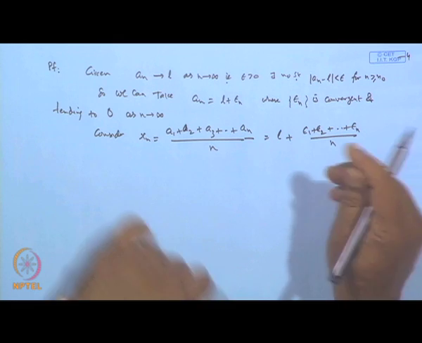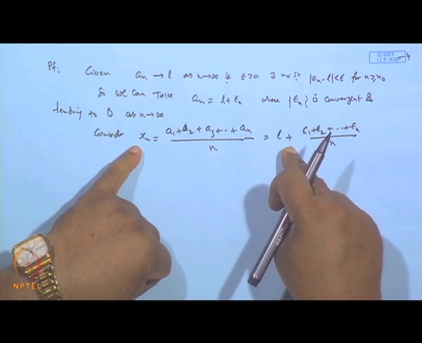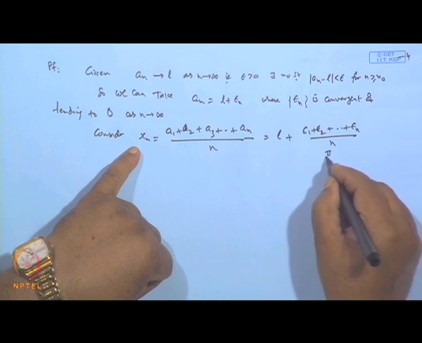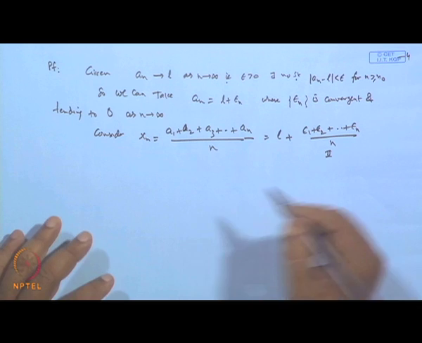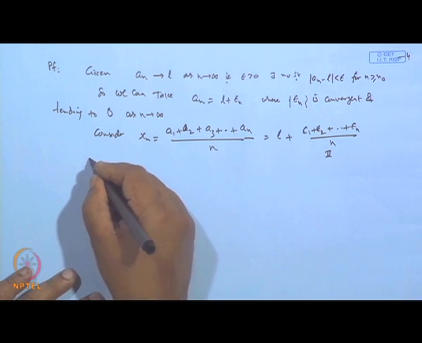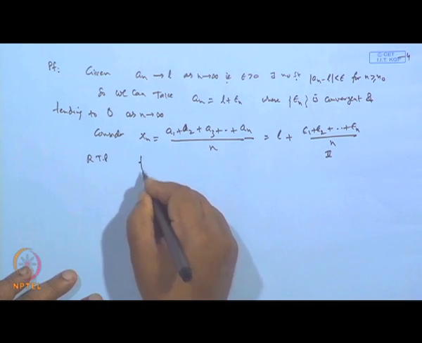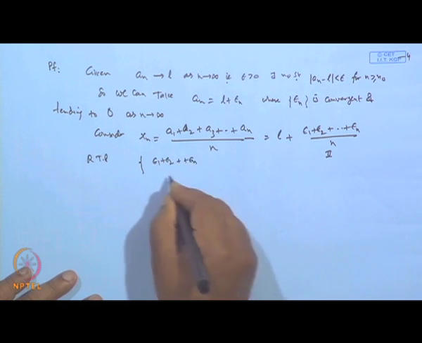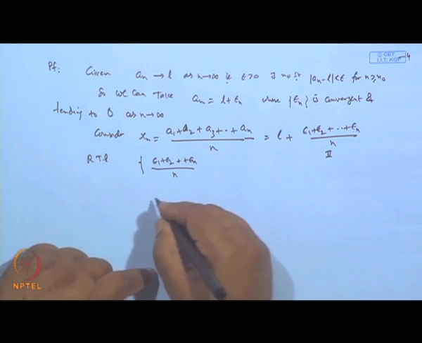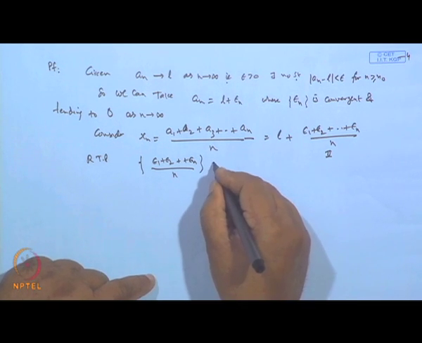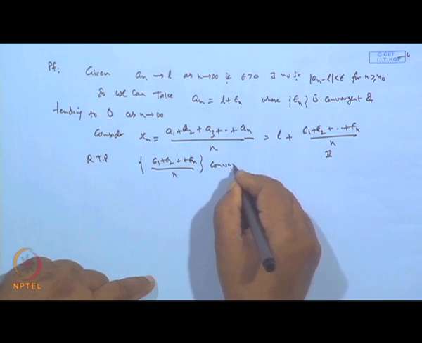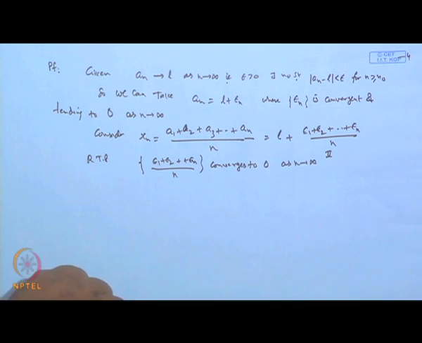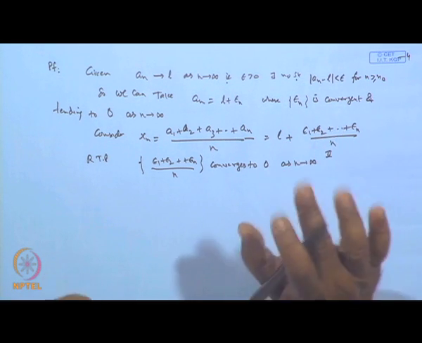We get this. Now, we want the sequence x n to go to L. It means, if I prove that this second term goes to 0 as n tends to infinity, then it will. So what is required to prove is that the sequence epsilon 1 plus epsilon 2 plus up to epsilon n divided by n converges to 0 as n tends to infinity. Once we prove this, then x n will go to L.